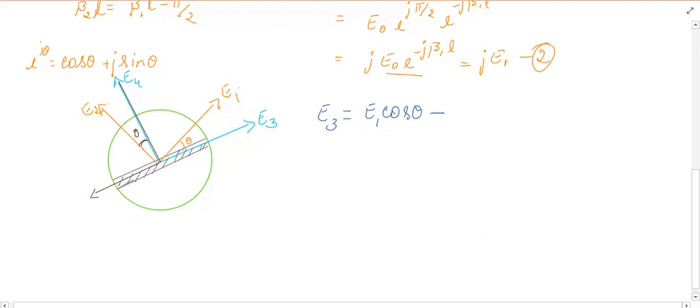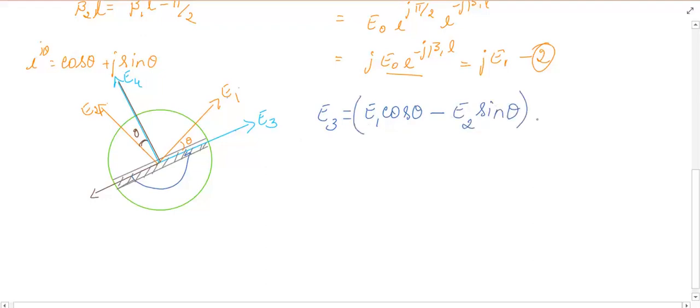And for E3, the other field along the E3 line, in the opposite direction of E3, is the sine component of E2. In total the resultant field is our E3. So the resultant field E3 is the E1 cos component minus the E2 sine component, E2 sin theta.